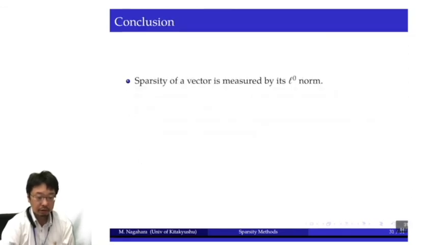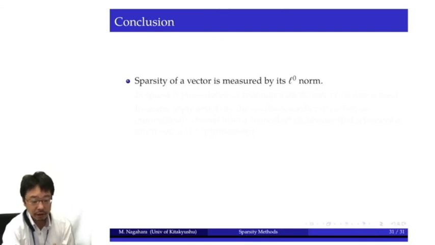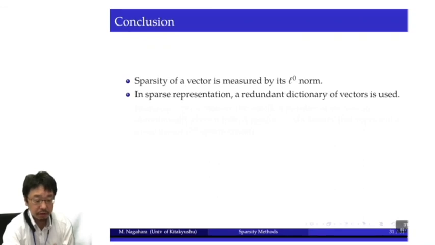Now let's conclude this section. Sparsity of a vector is measured by its L0 norm. In sparse representation, a redundant dictionary of vectors is used.